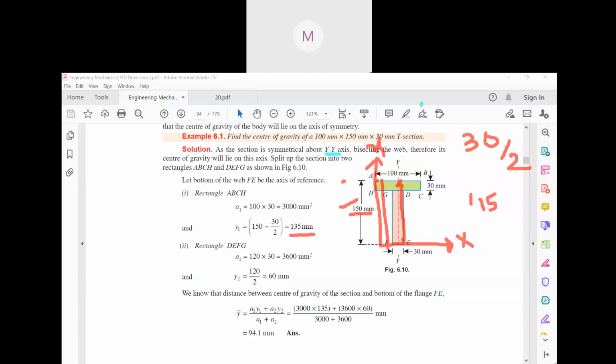Now clear or not? Yes, sir. What about others? Should be 150 minus 30, sir. 150 minus 30 what, Temazar? 150 minus 30 means what?